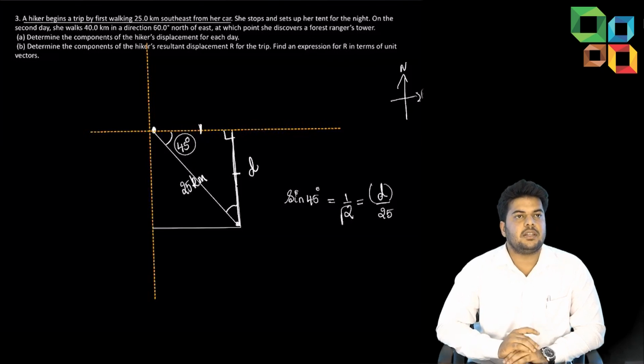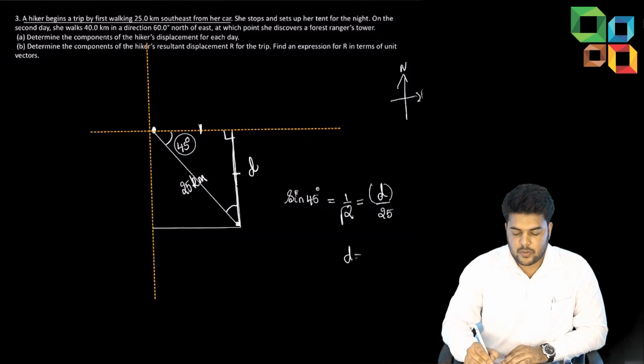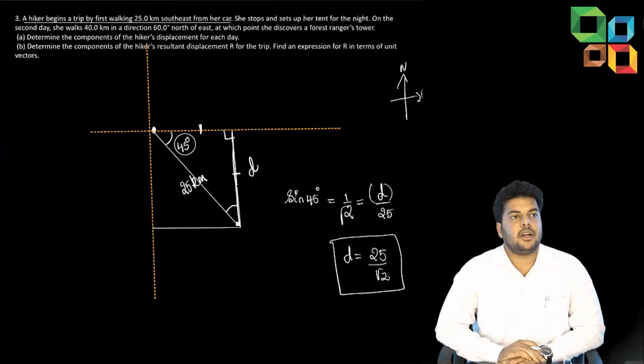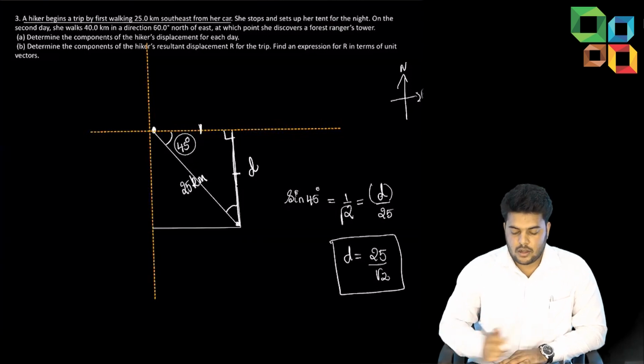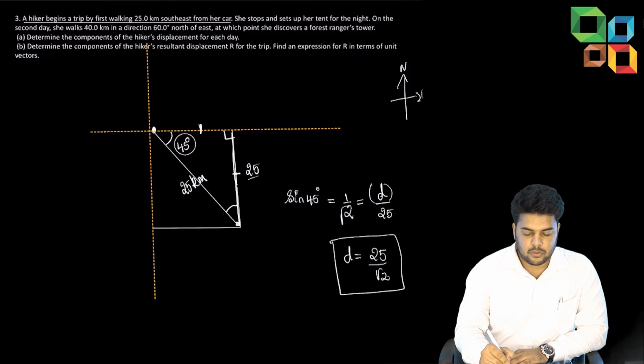The d value is what I need to know, isn't it? The southward component. Agree, Aishwarya? Yeah, so d will come out to be 25 divided by root 2. So d is nothing but the south component, which came out to be 25 by root 2.